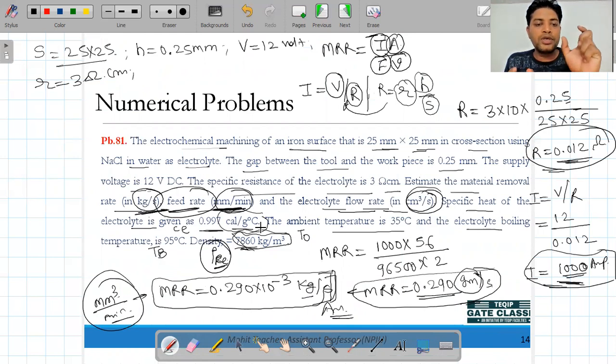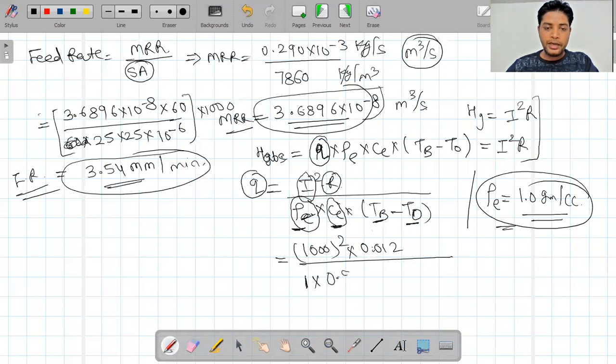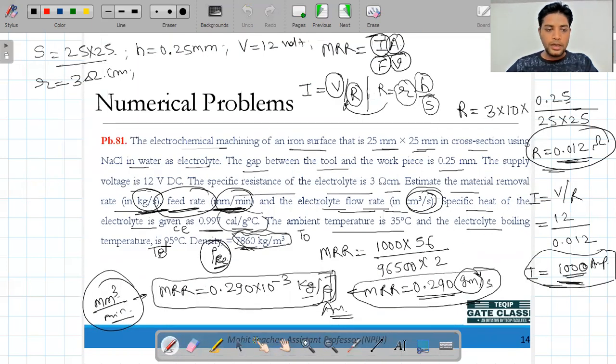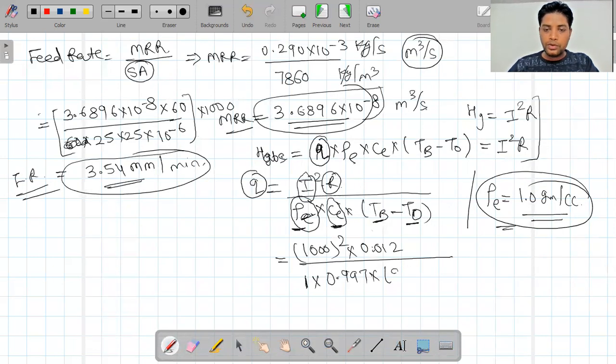We are already taking gram per cc, so gram will be cancelled out. So that will be equals to 0.997 into TB. TB is 95 and this is 35, so 95 minus 35. So this will be equals to Q.